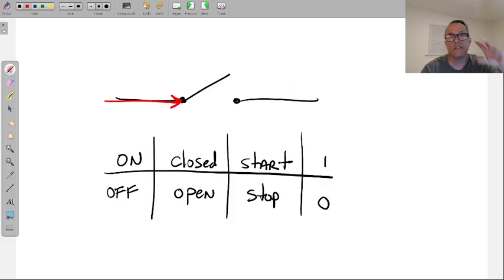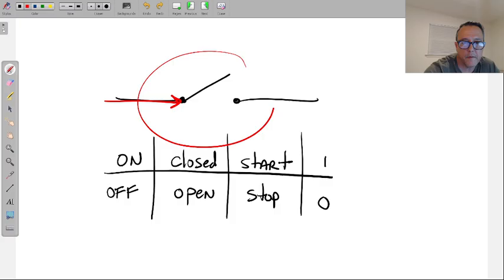So this is already something to put in your brains for when you get to troubleshooting. If something is not on, the first thing I want to do is measure power at the thing that's not on. I want to measure to see if there's voltage. If there isn't voltage here, then I'm going down the line of this circuit looking for something that has opened.